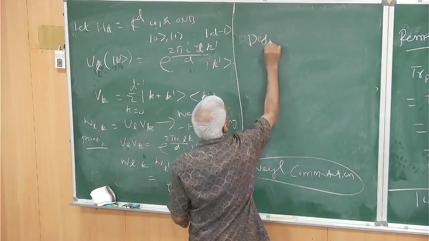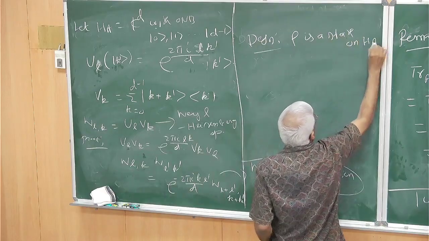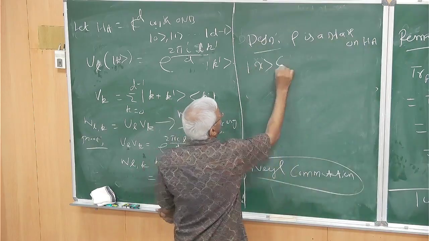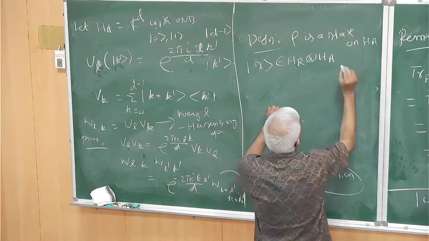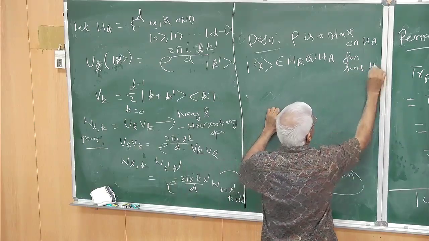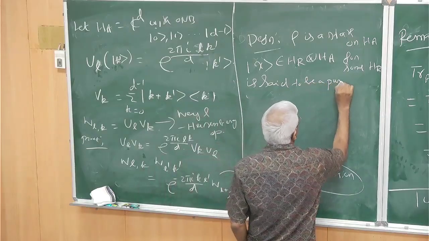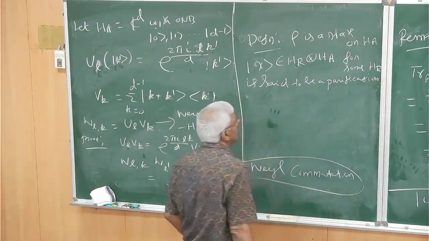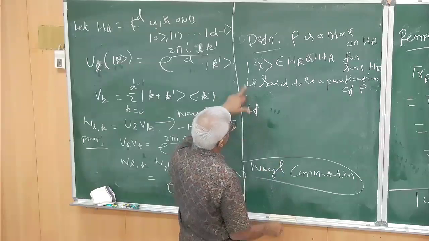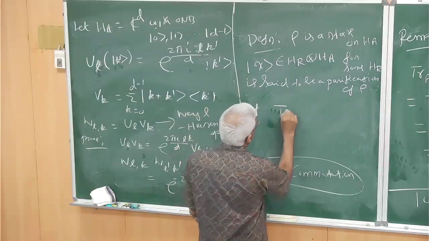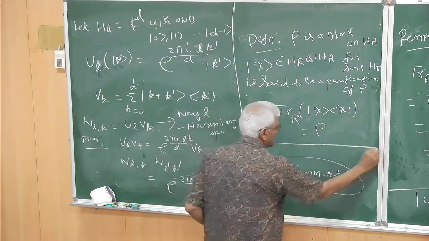Definition: if rho is a state on H_A, then a vector chi in H_R tensor H_A, for some Hilbert space H_R, is said to be a purification of rho if you take the partial trace over R of this chi, you get rho. This is what is called purification.